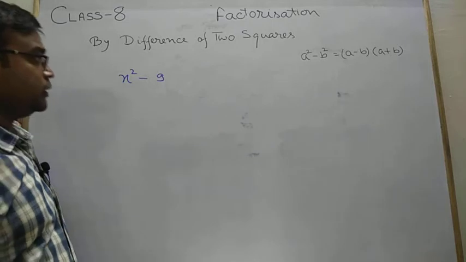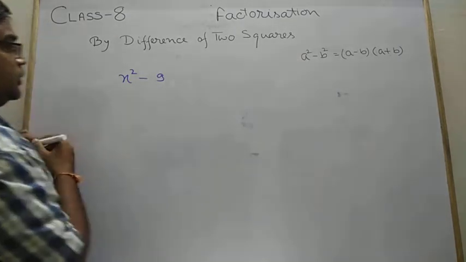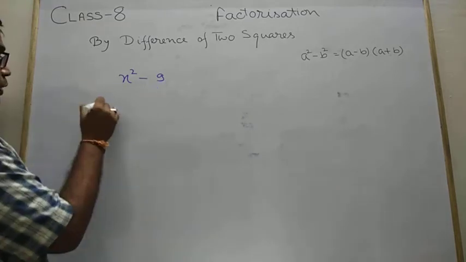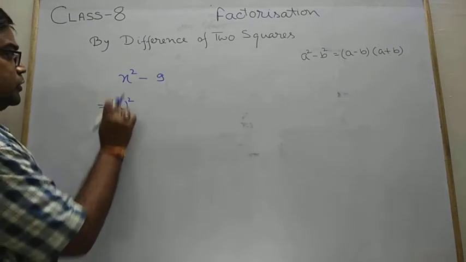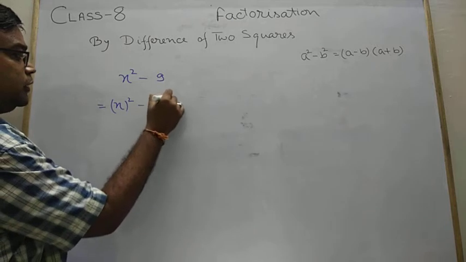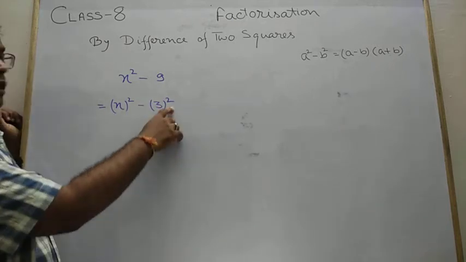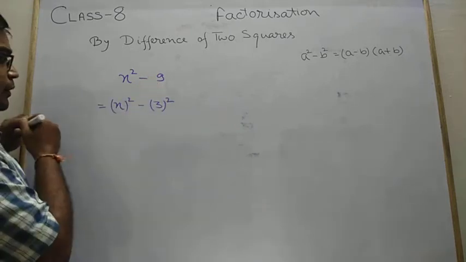How do we factorize? We try to convert this expression into this form. Here we have only the first term as a square. What about the second term? We write 3 whole square, and 3 threes are 9, so we have the same thing.